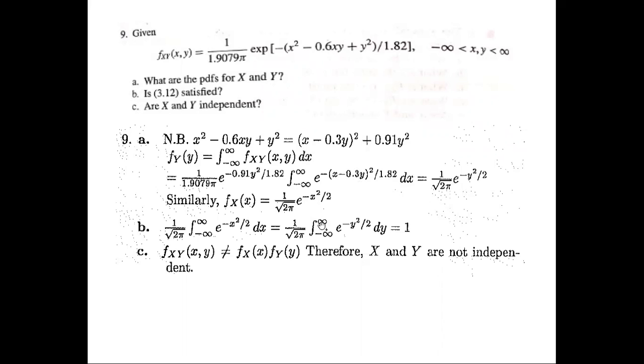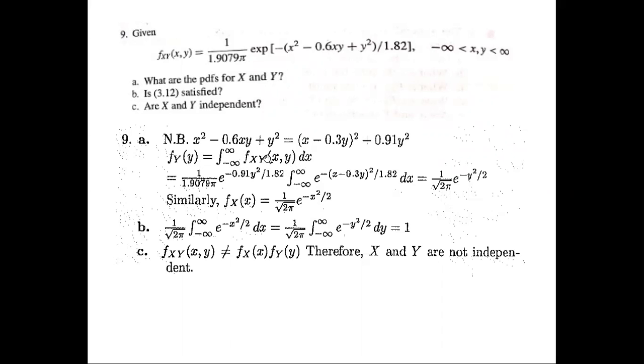Similarly, you can write the other one, which is y minus 0.3x whole squared plus 0.91 x squared. Substitute that in f of x, which is the integral from minus infinity to infinity of f_XY of x comma y dy. It is the same as before, except that it will be dy.